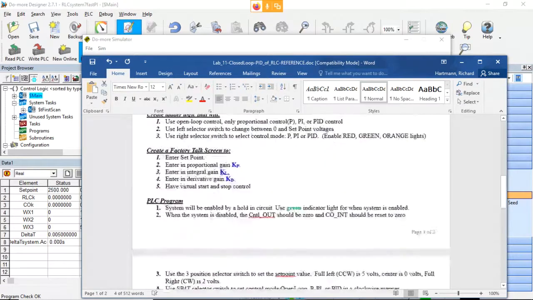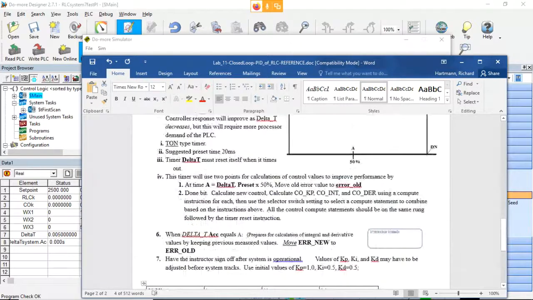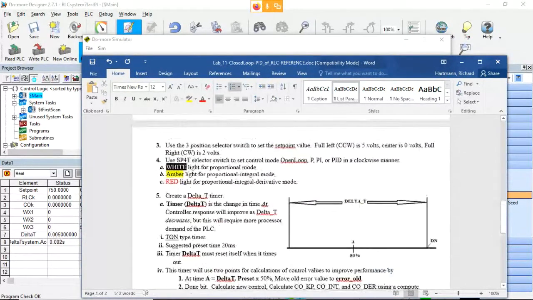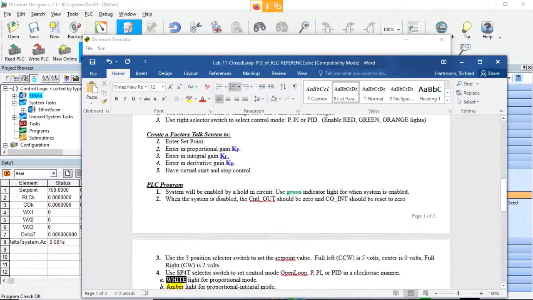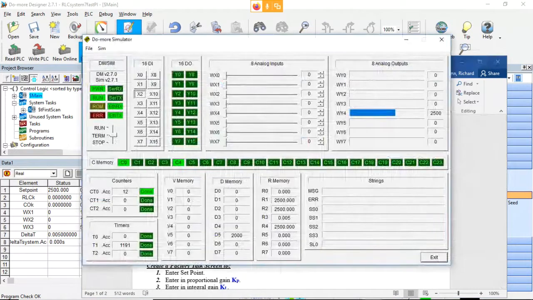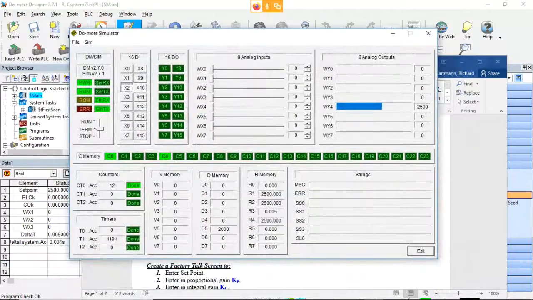And so you definitely want to read through this lab as far as calculating your integral control signal, because that value needs to keep adding up. All right, I'm giving you the equations here in the lab, and in this reference lab, because I didn't have a chance to get them entered into the other lab.